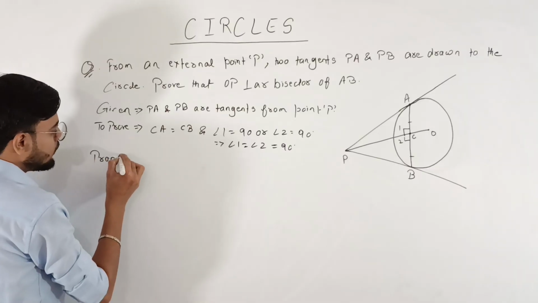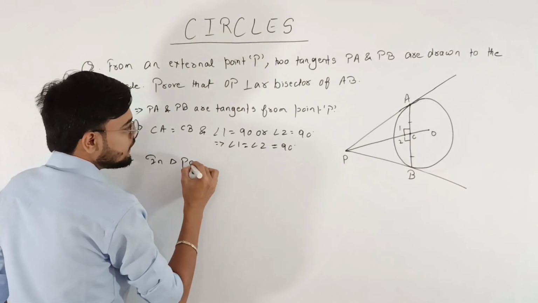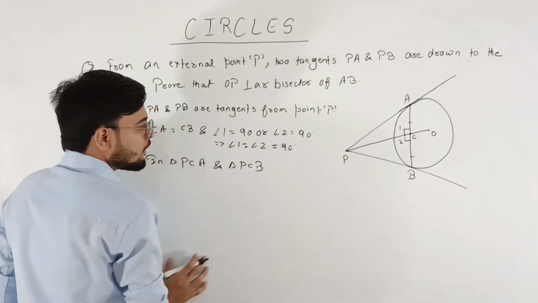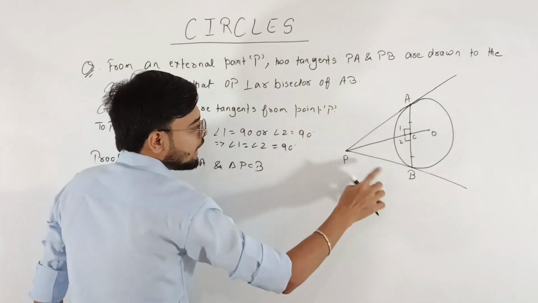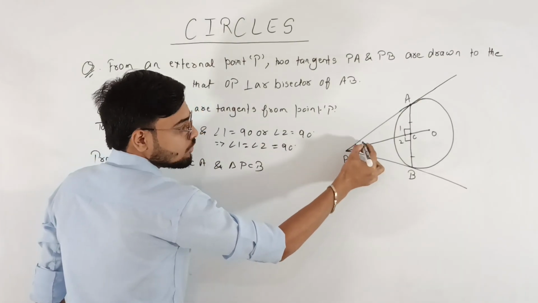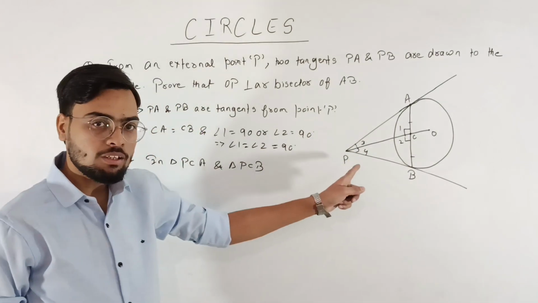So now let's move towards our proof. First, in triangle PCA and triangle PCB, this angle is equal to this angle, so I name it as angle 3 and this as angle 4. Now look how these are equal.